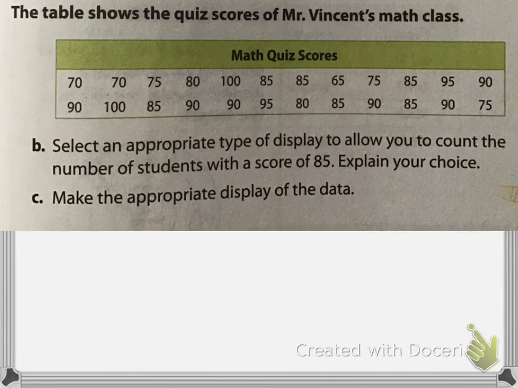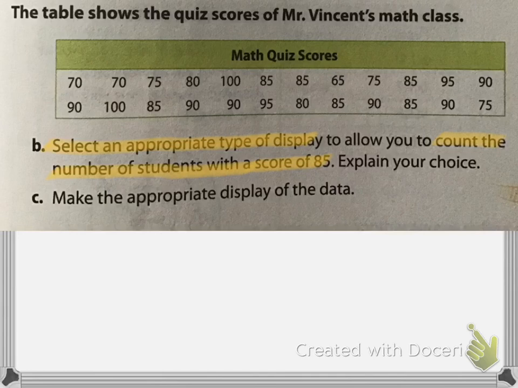So two of our sides are numbers. We don't have a side like, what's your favorite color, how many, what shampoo, how many. We have two sides with numbers. And it asks us to select an appropriate type of display to count the number of students who score 85. So what would be the best display here to allow us to count the students who have 85?